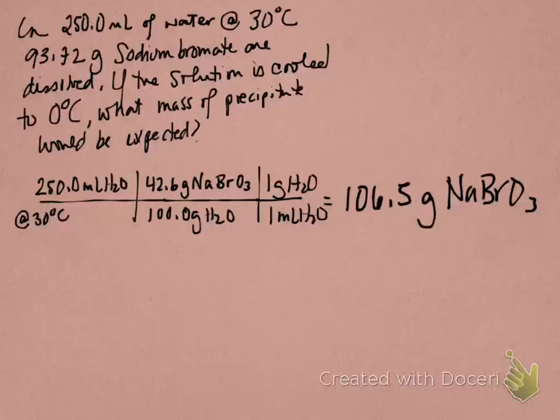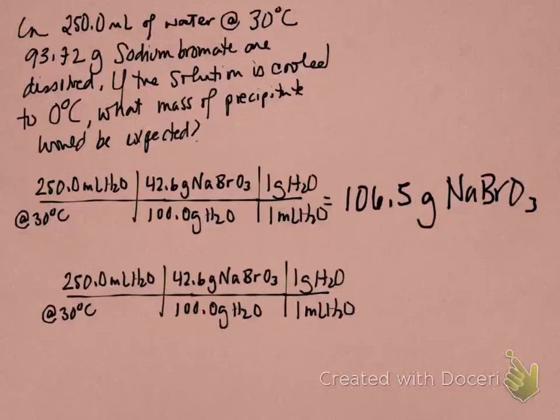So I'm just going to borrow most of this, and I'm going to get rid of the 30, and I'm going to go for 0, and I'm going to look up the solubility at 0 of sodium bromate. What is it? 24.2 grams of sodium bromate for every 100 grams of water.